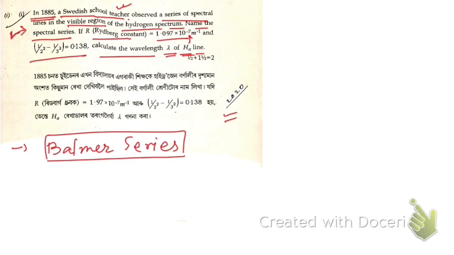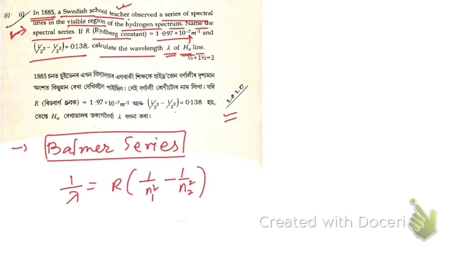And here to calculate the wavelength, we need to use this formula, that is 1 by lambda is equal to R into 1 by n1 square minus 1 by n2 square.